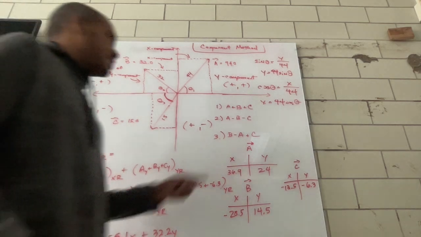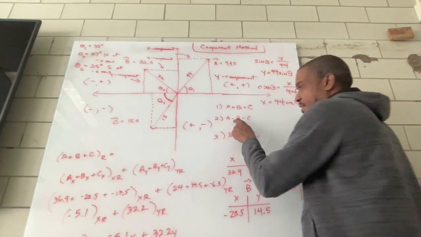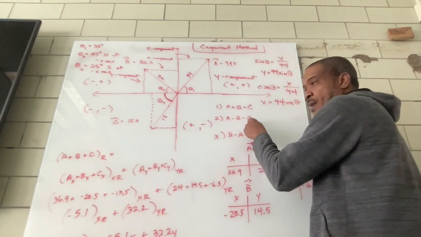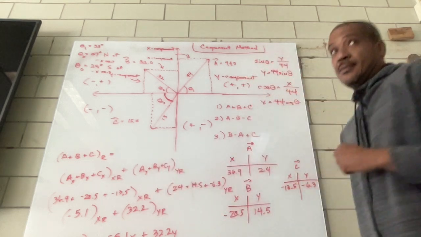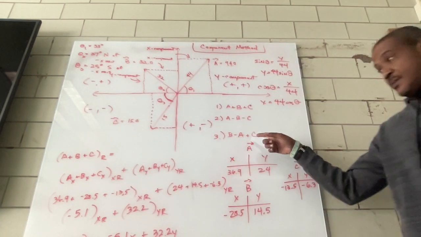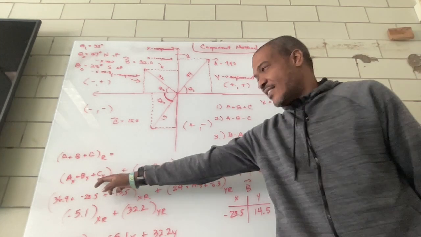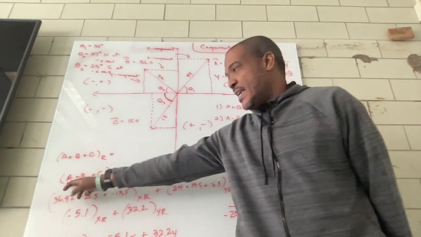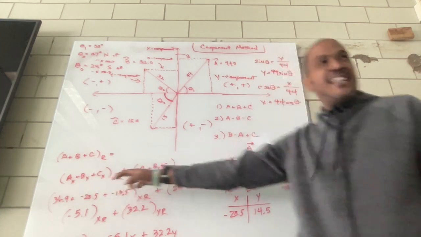Remember, right here you see how it's A plus B plus C. So whenever you do this, it has to be just like this. A minus B minus C inside of these brackets. B minus A plus C. So when you do this one, it's going to be BX minus AX plus CX.